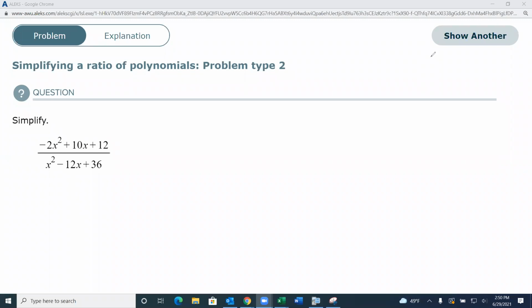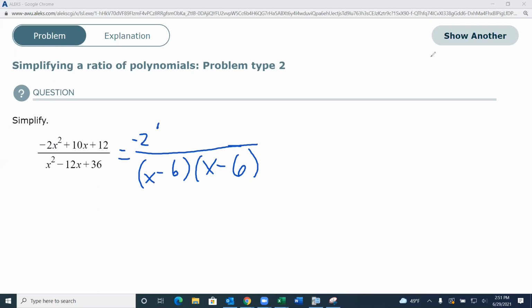Okay, same thing. Factor, cancel the common factors. All right, well, the denominator has that 1x squared, so I'm going to do the shortcut just to speed things up. And once again, I get -6 and +1, just like earlier in the video. Now, the numerator has this -2 out in front. It's not +1.